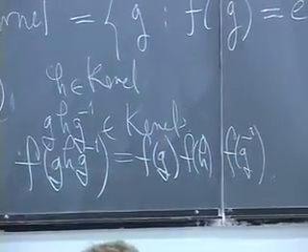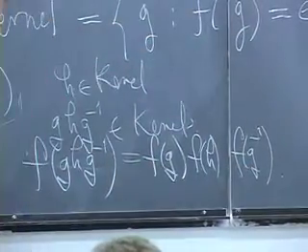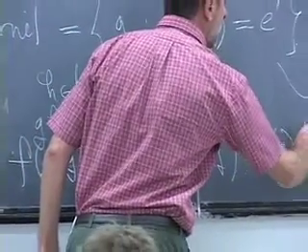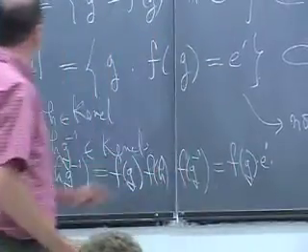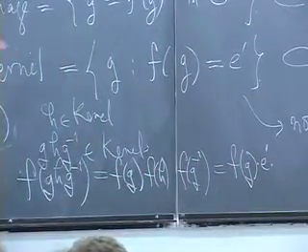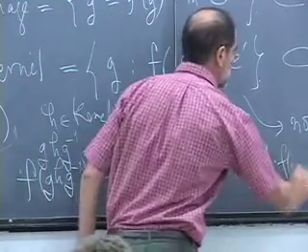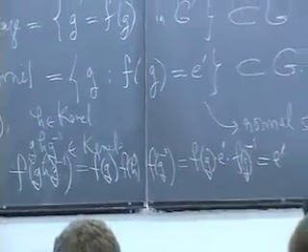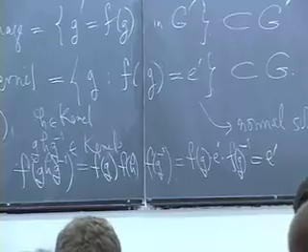Now the fact that h is in the kernel means that f of h is the identity element. So this becomes f of g times the identity element times f of g inverse, which is the inverse of f of g, and that is just the identity element. So that's why the kernel is closed under conjugation.